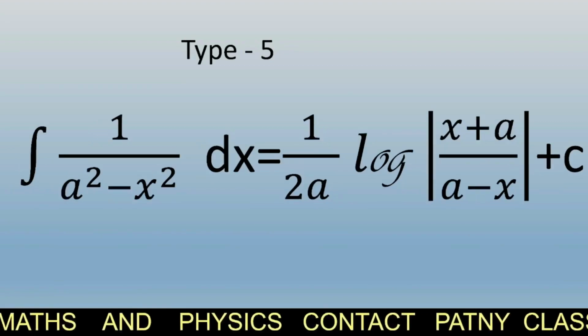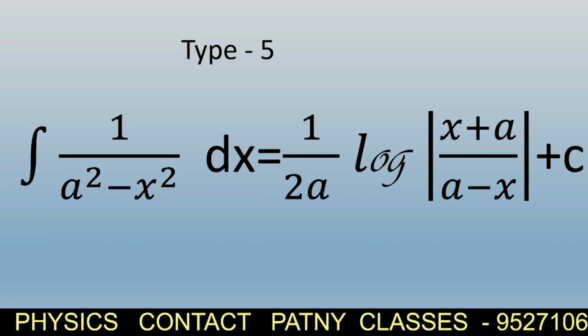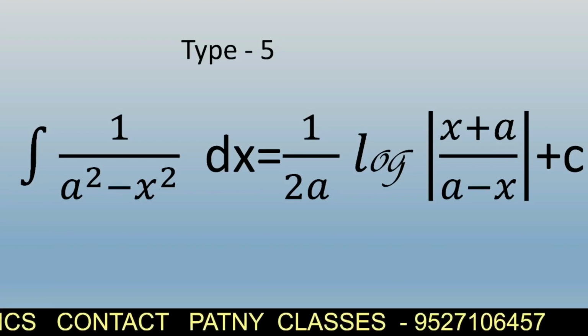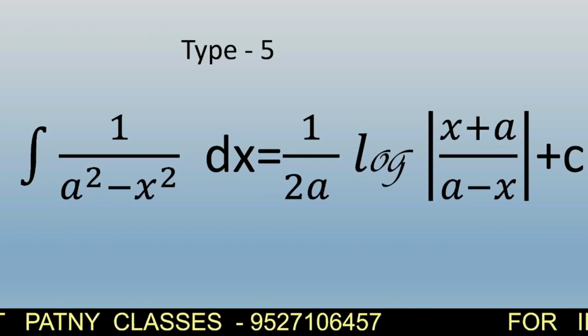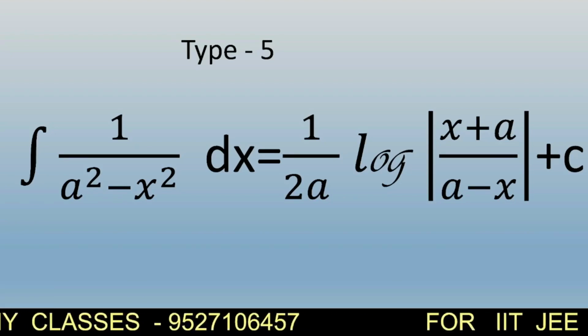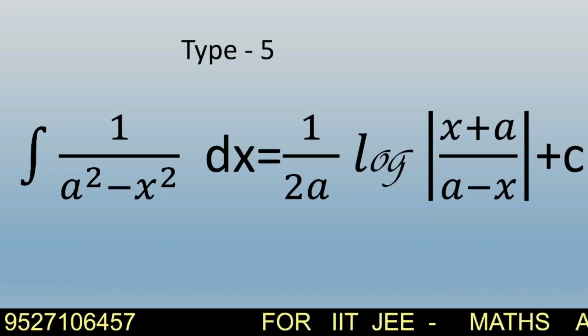Integration of 1 upon a square minus x square with respect to x equals 1 upon 2a log of modulus of a plus x upon a minus x plus c. Let us do some problems on the basis of the above three formulae.